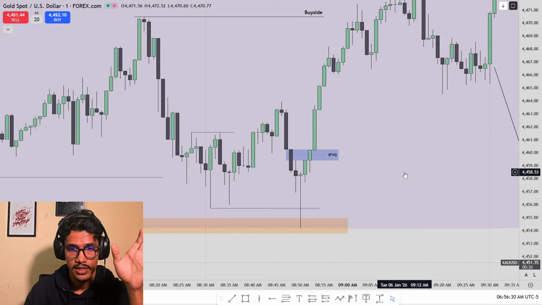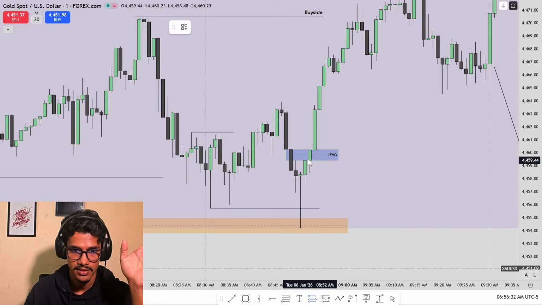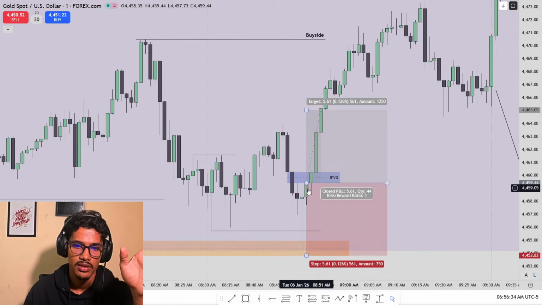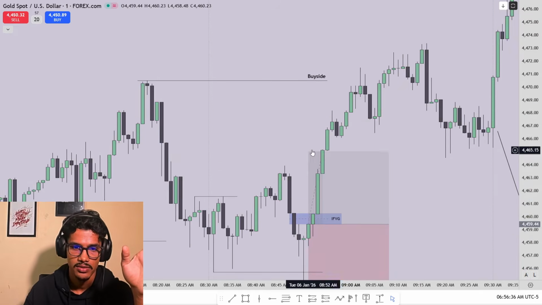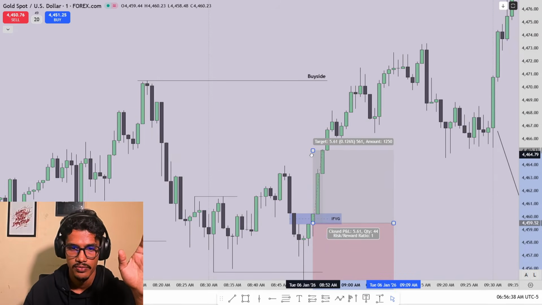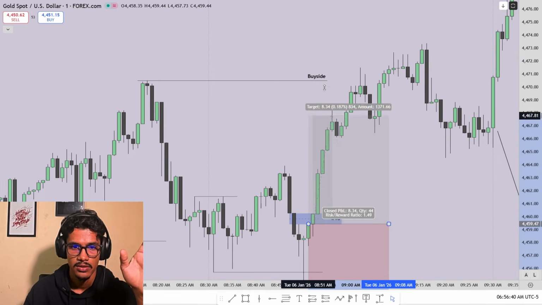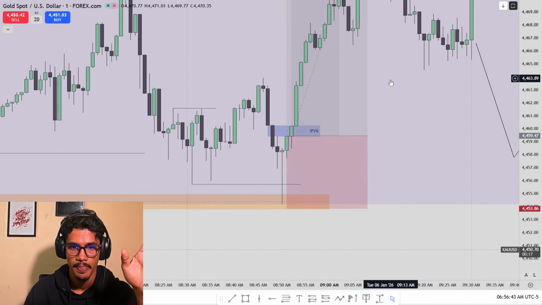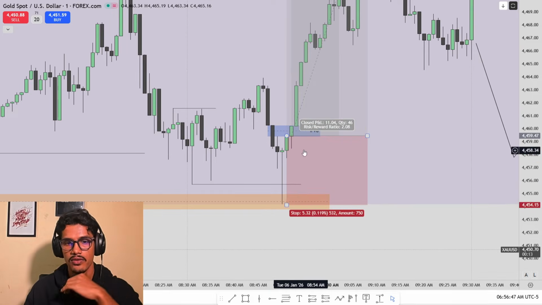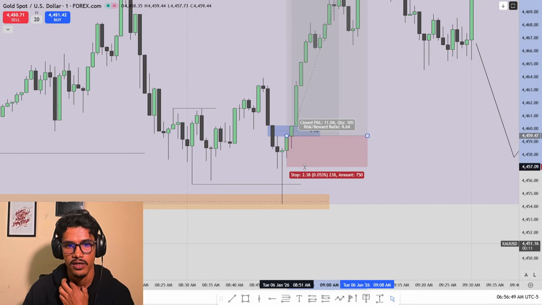So when you see that, you don't do any delay. As soon as that internal swing low forms, you can just put your trade on and target that buy side, and put your stop loss below that swing low, or maybe somewhere around here, or maybe around here.